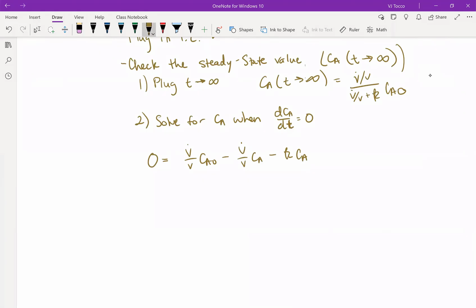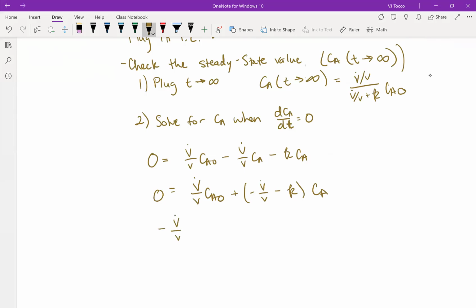So now if I want to solve for CA, I can factor out the CA. So v dot over v CA0 is equal to v dot over v plus k times CA. Take this term over to the other side.